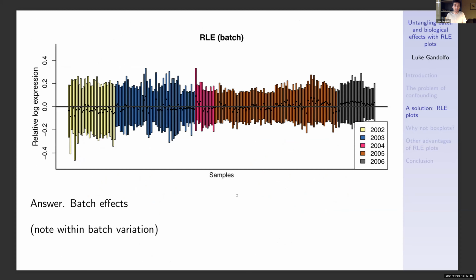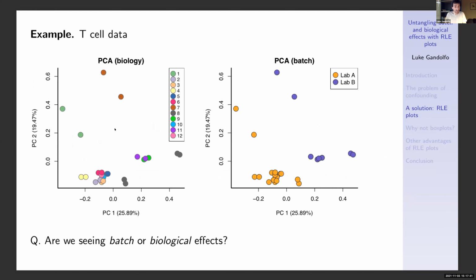An RLE plot shows that we're not seeing biological effects, we're seeing strong batch effects, because these tend to be below 0, and these tend to be above 0. We also see a large amount of within batch variation too, showing that it's not just the batch variable that's driving technical variation here. What about the T-cell data?